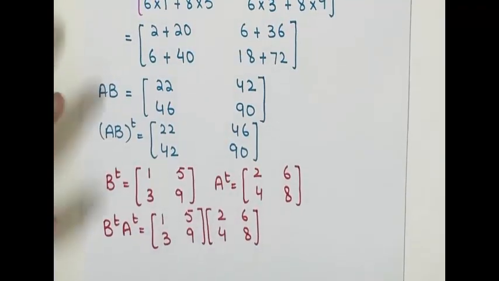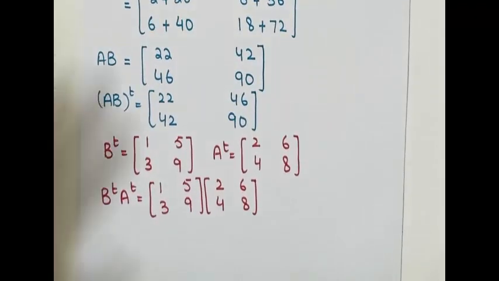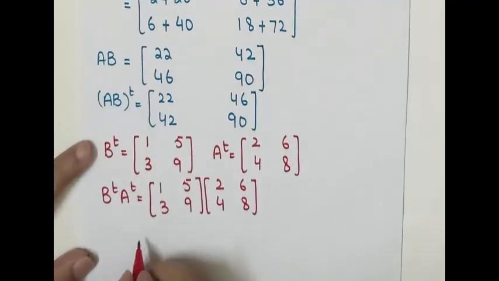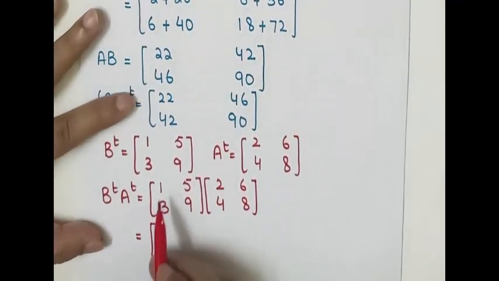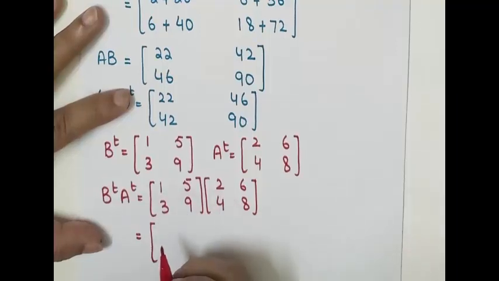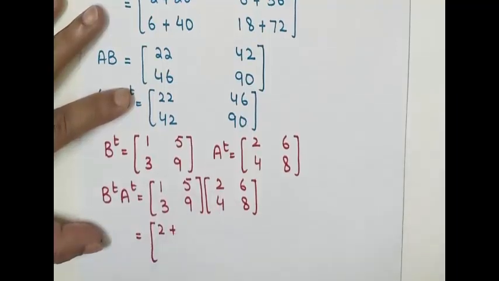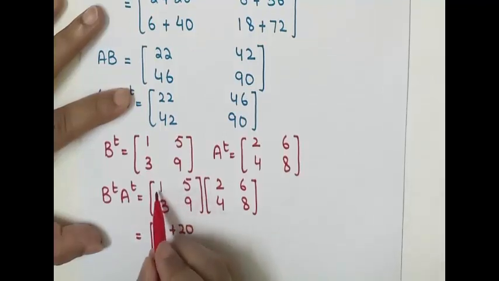As I already taught you the method of multiplying two matrices, now I will write the answer directly. 1 into 2 is 2 plus 5 into 4 is 20.